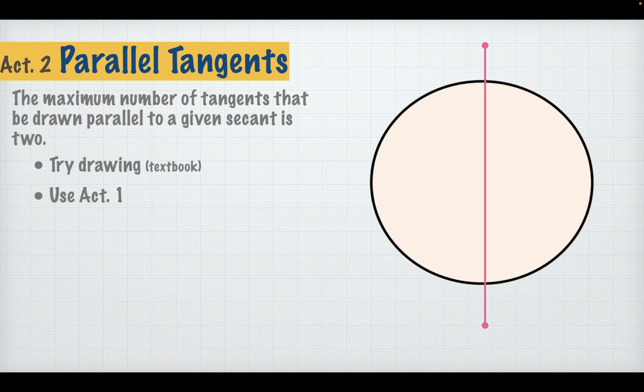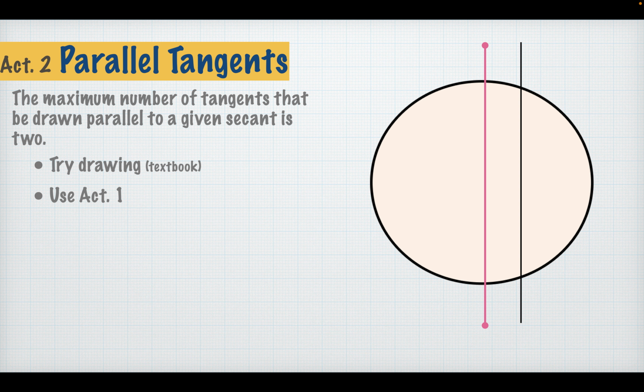So I can move in two directions from this secant, one to the left, the other to the right. You cannot move up and down, because if you go up and down, then the lines are not going to be parallel. We want to draw parallel lines. So you can move in two directions from here. So we draw a line to the right first.